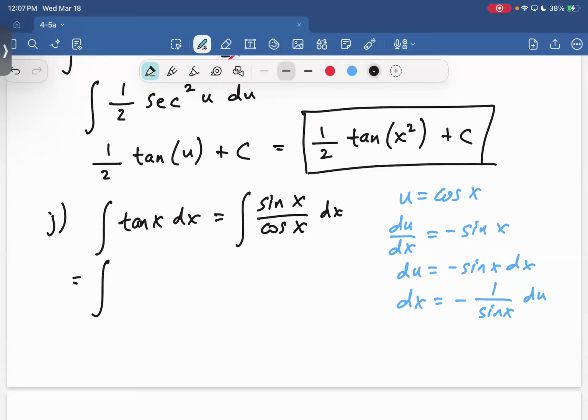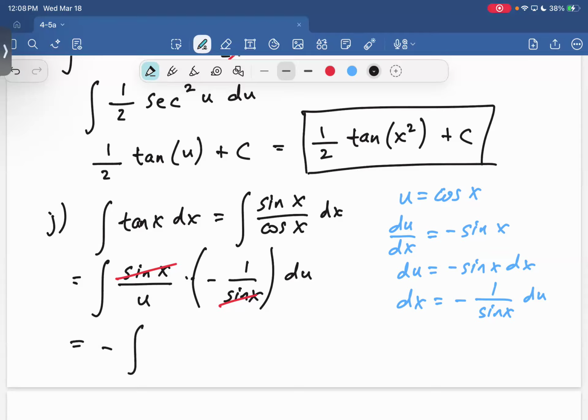It ends up being sine x over u, which is cosine, times dx, which is negative 1 over sine x du. And so just as we wanted, the sines cancel out. So this ends up becoming negative integral of 1 over u du.